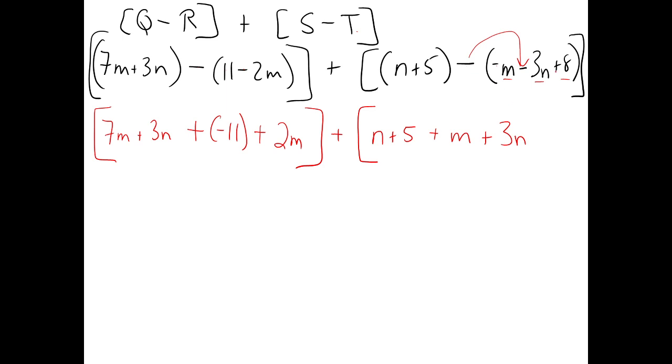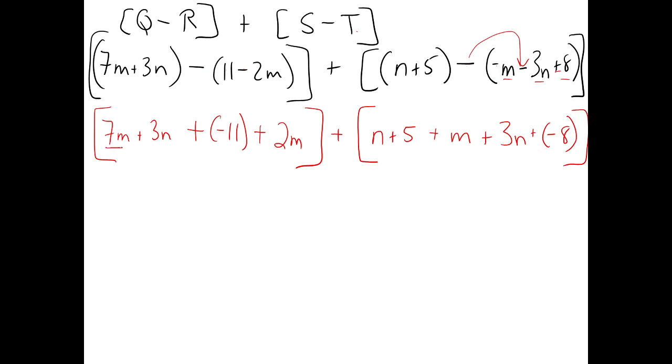This minus sign is going to change this plus sign, so it's going to be plus a minus 8. Sometimes I find it easier, rather than writing minus 8, to simply put that 8 in parentheses with its minus sign. Now that I'm at this point, I have everything with either its positive or its negative sign, so I can now go through and add all the like terms.